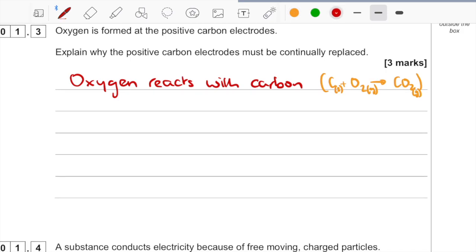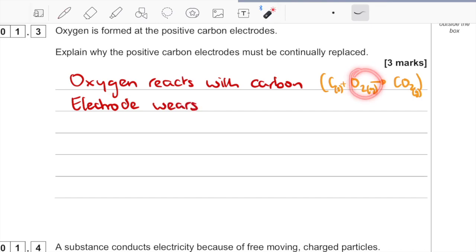The way we refer to it is that the electrode wears away or burns away. So as more and more oxygen is formed, the carbon reacts with the oxygen to form carbon dioxide, which means the electrodes themselves are shrinking.